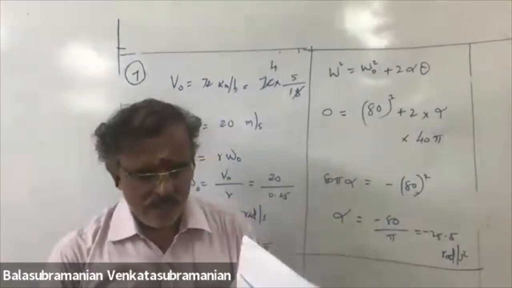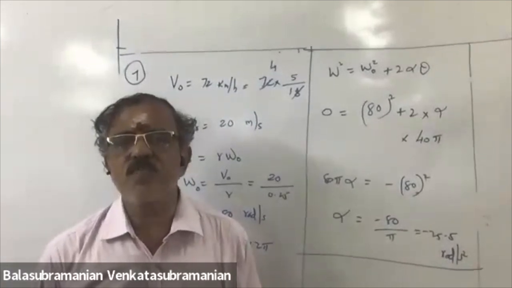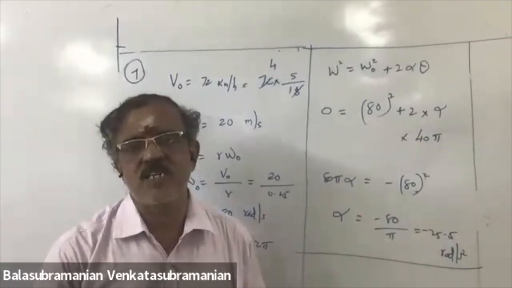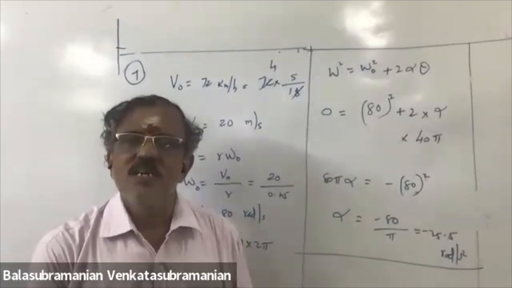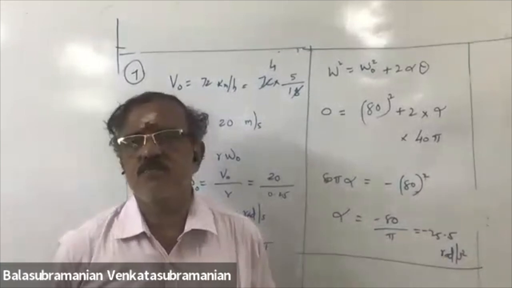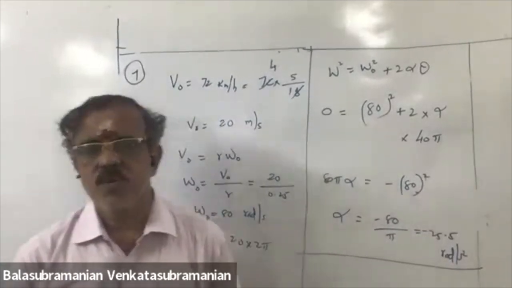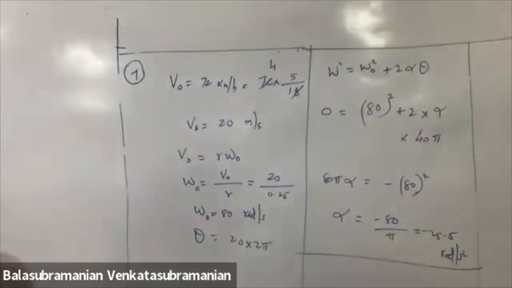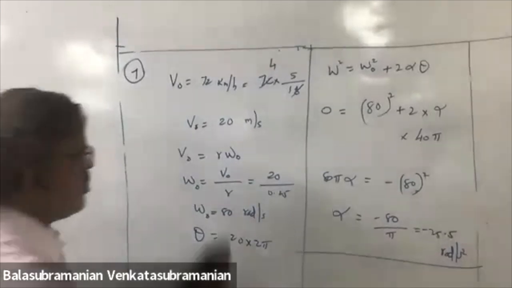Why minus there? Stopped. In the case of linear motion, we call this one as deceleration, negative acceleration. So rotational motion also negative angular acceleration. So we are getting the answer in negative. Okay. Next, eighth problem. Again, torque.